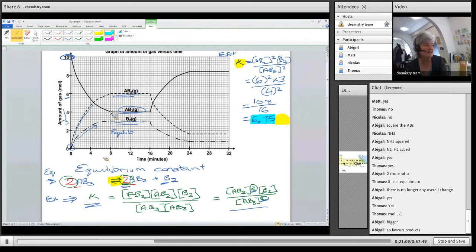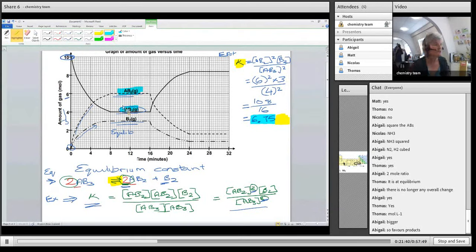I know you seem to have more AB3 than B2, but overall, if you averaged those, you would have more of the products than the reactants. So you would say your equilibrium position lies to the right, towards the products. So that's two things to work out once you've done your calculation.